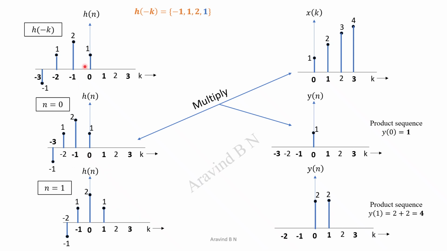With respect to this h of minus k, one value has shifted over here. Now perform the similar process of multiplication. At the origin it is value 2 into this 1, so that value is equal to 2. 1 into, at the same location, 2, again the answer is 2. Now add these two values: 2 plus 2, and the answer is equal to 4, right?